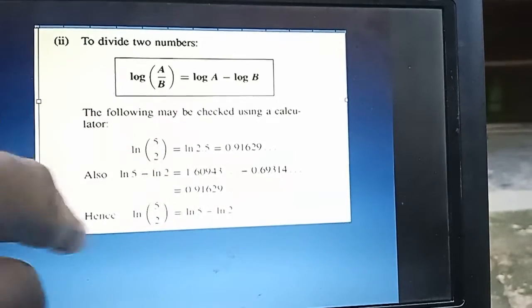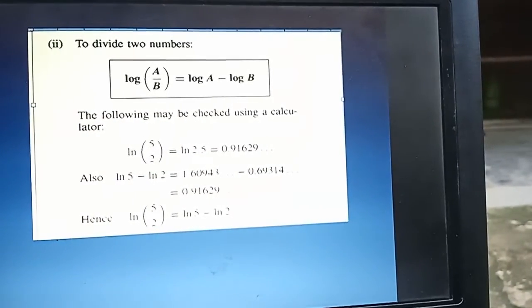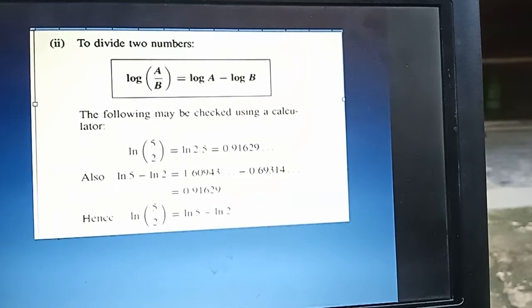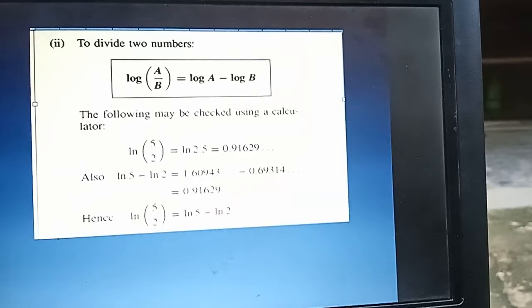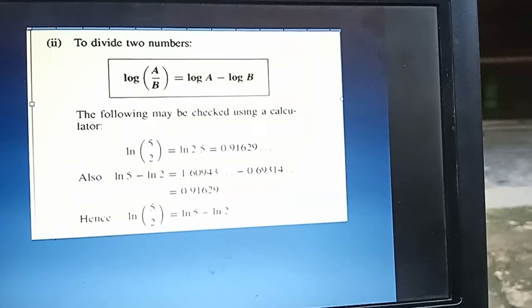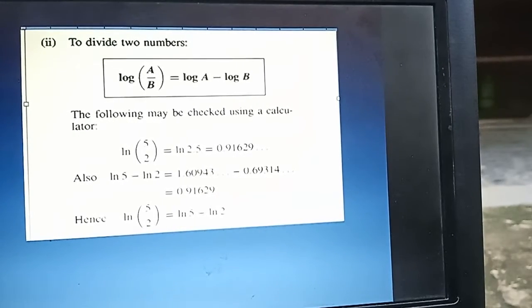ln of 5 over 2 will give you ln 2.5, which is equal to 0.91629. Just type it using the calculator, it will give you the same answer. Also, ln 5 minus ln 2 will give you the same answer, as in rule number 1.